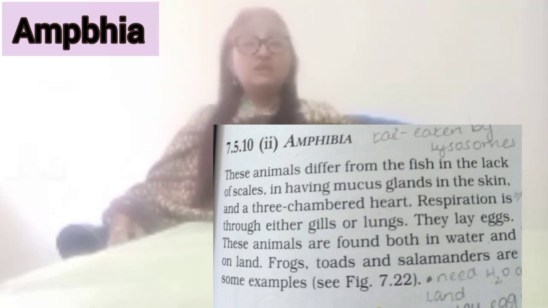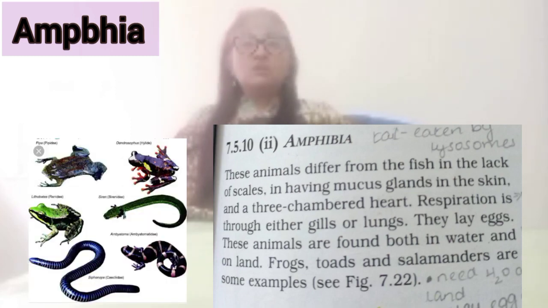They have a 3-chambered heart. They have a bilaterally symmetrical body, and they lay eggs in water. Examples are salamanders, frogs, toads, etc.